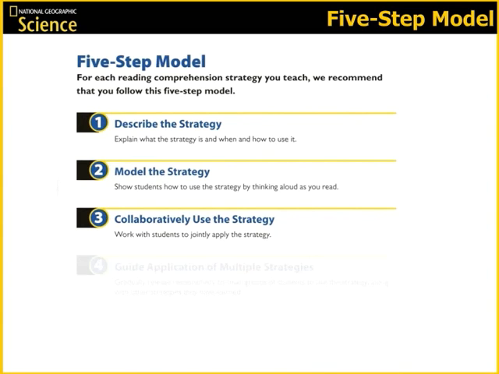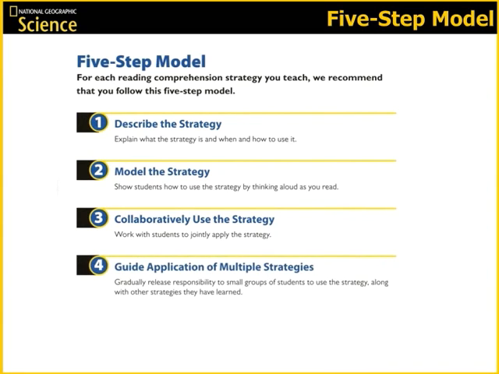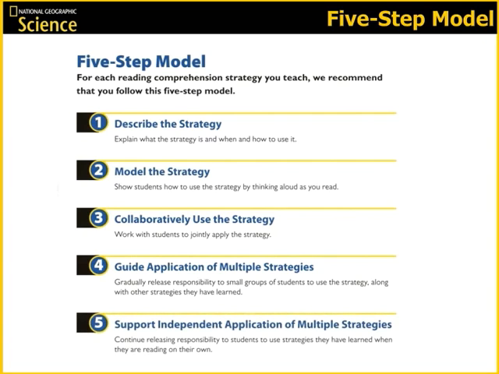Step 4 is to guide application of multiple strategies. This is where we gradually release responsibility to small groups of students as they use the new strategy along with other strategies they have learned. And step 5 is to support independent application of multiple strategies. Continue releasing responsibility to students as they use strategies they have learned when they are reading independently.